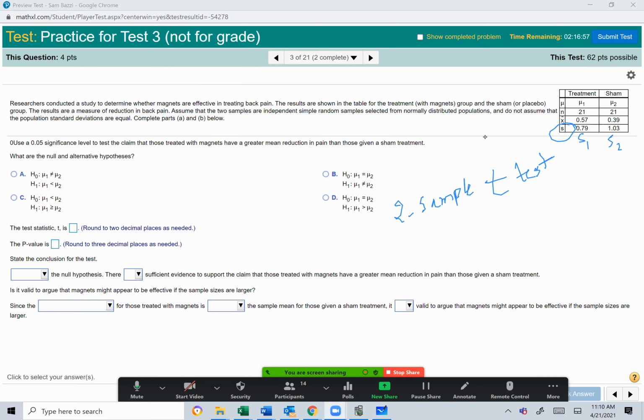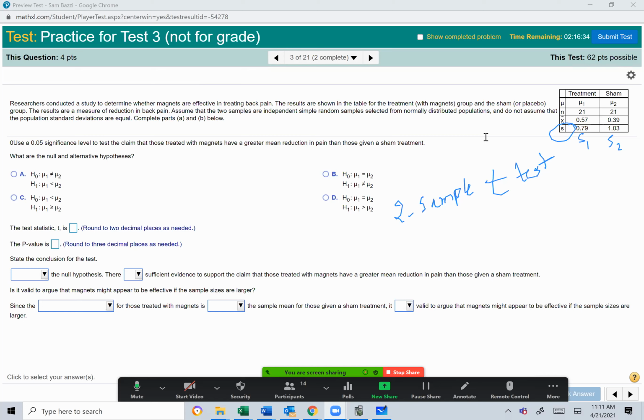Research conducted to determine whether magnets are effective in treating back pain. The results are shown in the table for the treatment with magnets group and the sham placebo group. The results are a measure of reduction in back pain. Assume that the two samples are independent, simple random samples selected from normally distributed populations.